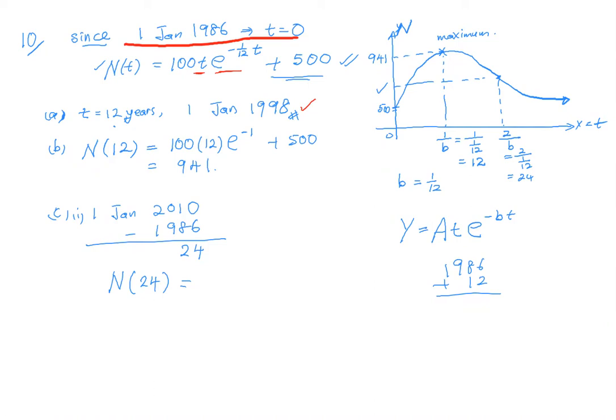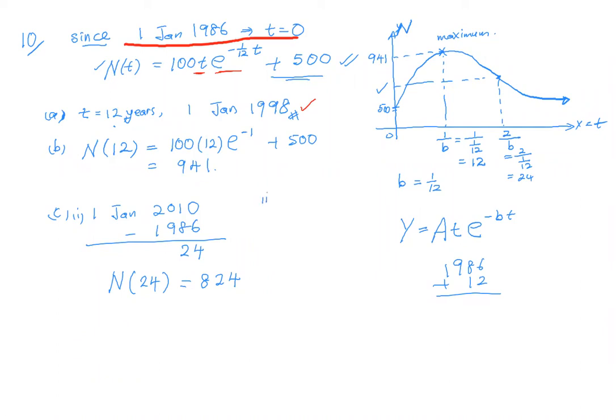Okay, what is the answer? 824. Did you add the 500? Did you key in this function properly? So be very careful. Key in your function, make sure it's proper.